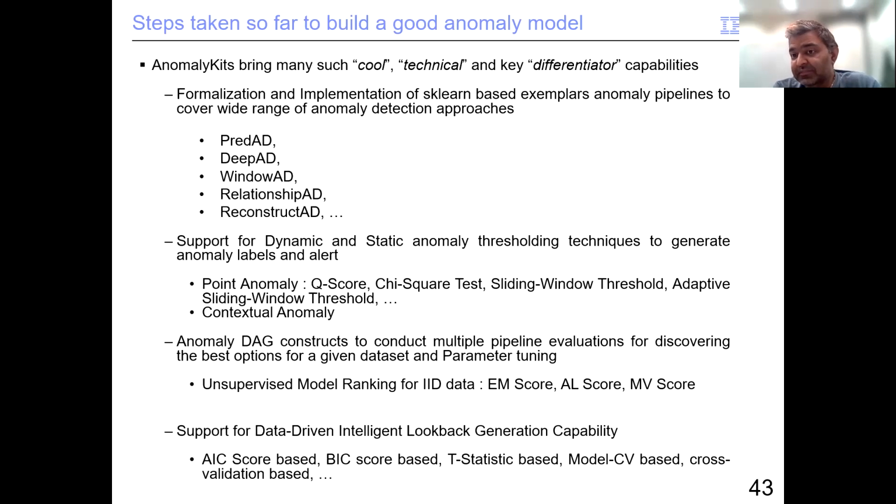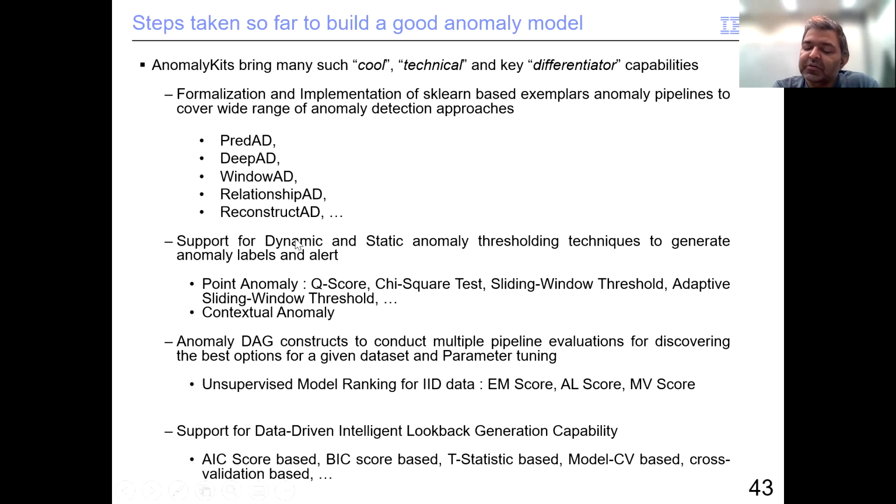Now, because this is time series data, you may end up having two types of anomaly thresholding. One is dynamic, another is static. Static anomaly thresholding is a constant value, right? Once you decide, it doesn't change.